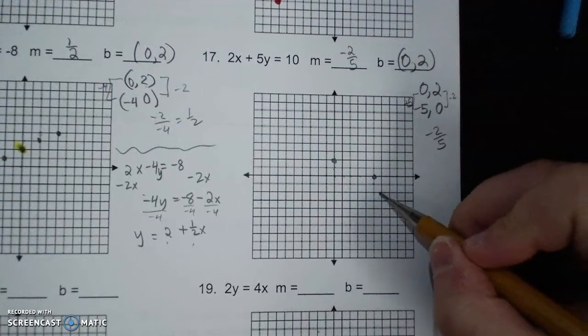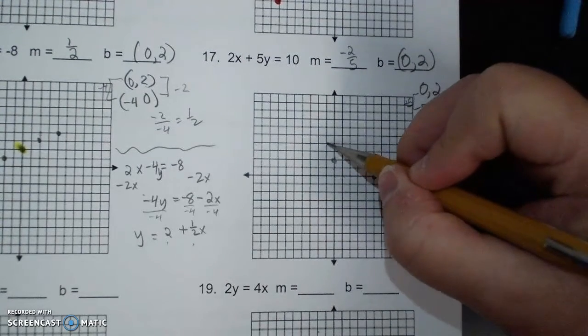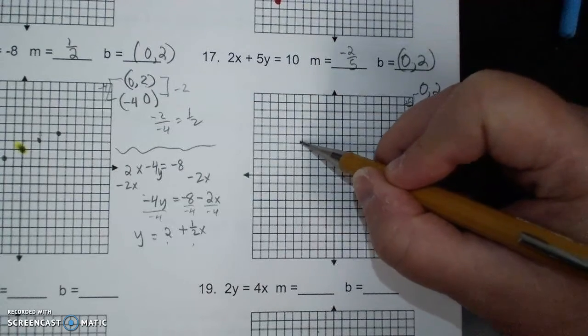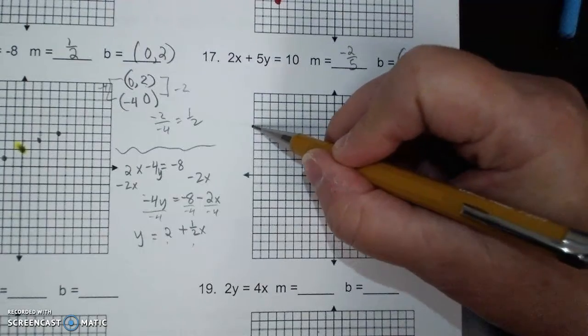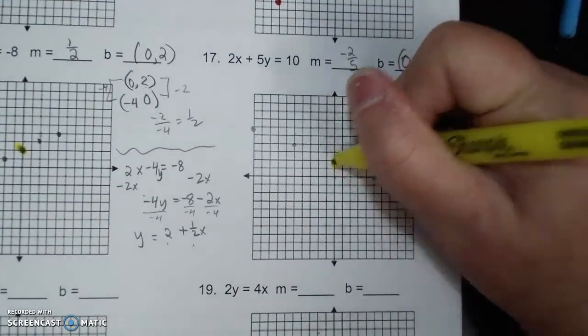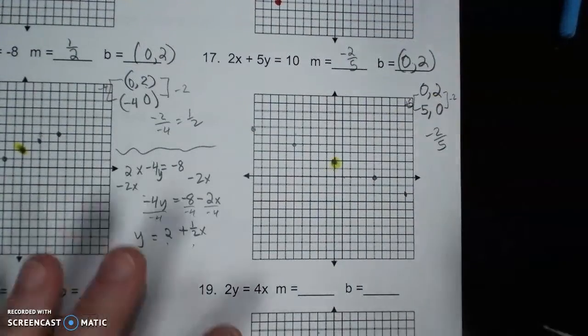and 2 down, and 5 right, or 2 up, and 5 left, and 2 up, and 5 left. So this is your y-intercept, and then you have 2 points above and 2 points below.